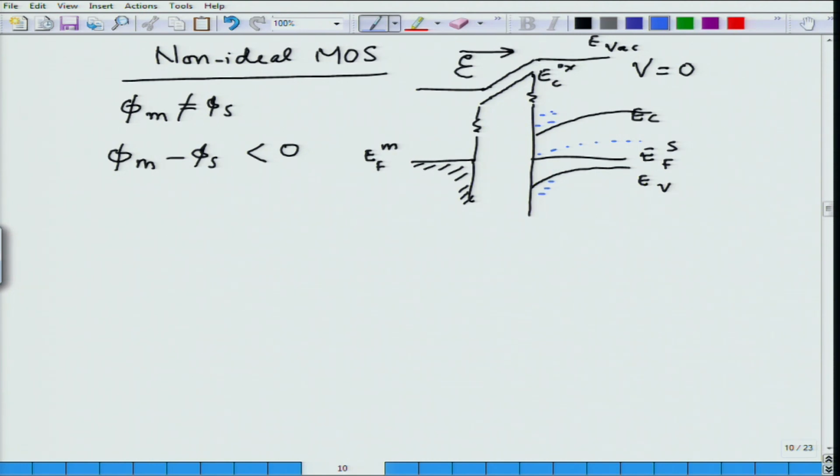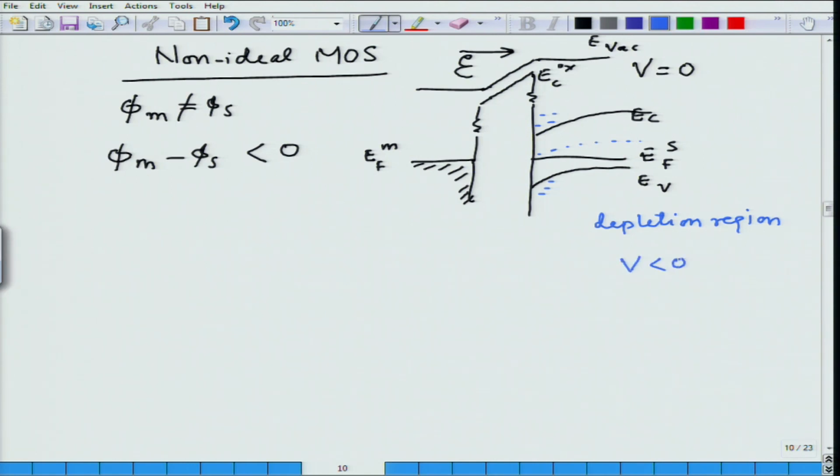So, even when you apply no voltage, there is a depletion region. There is a depletion region in a non-ideal phi ms, and in this particular non-ideal MOS, in order to get the flat band, we will have to apply a voltage which is going to be negative.